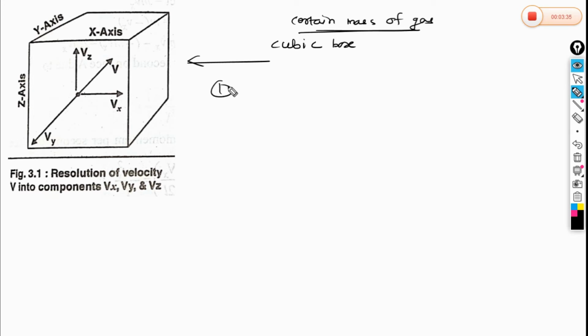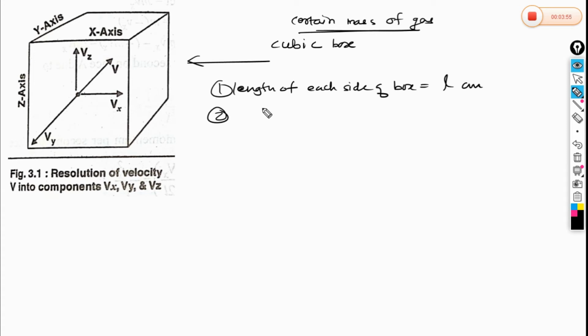So what is first? The length of each side of the box is equal to L centimeter. What is the second?